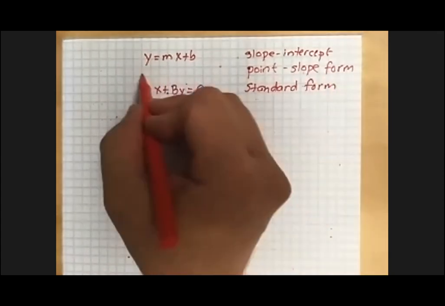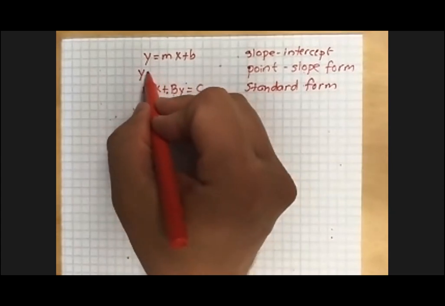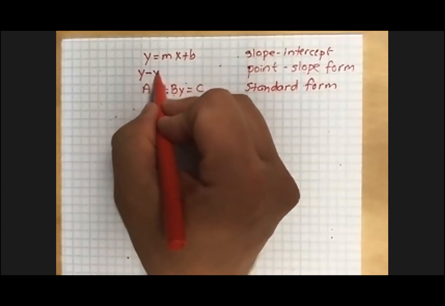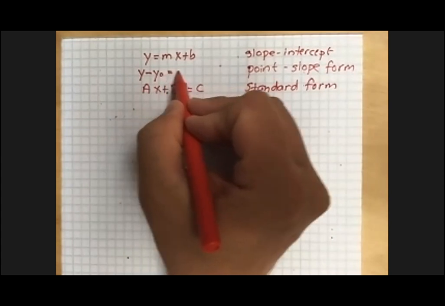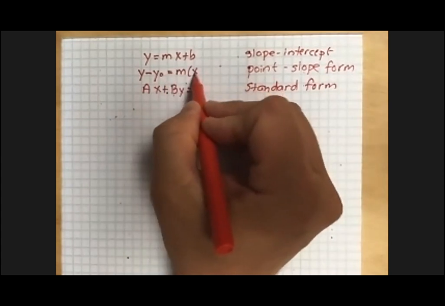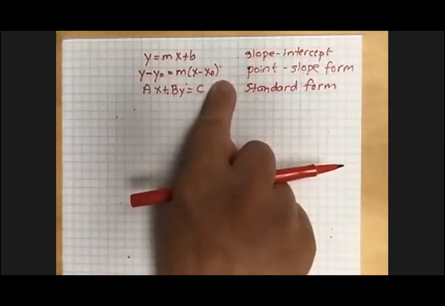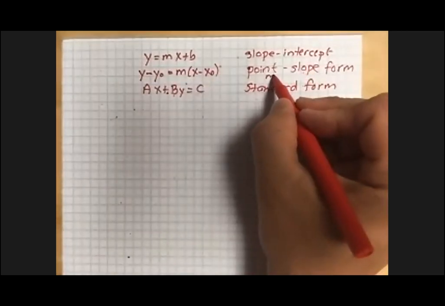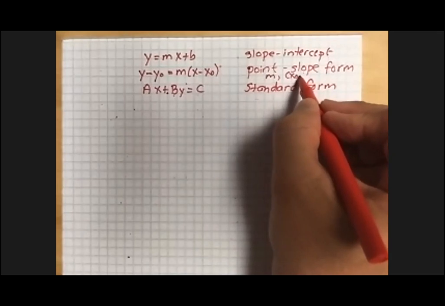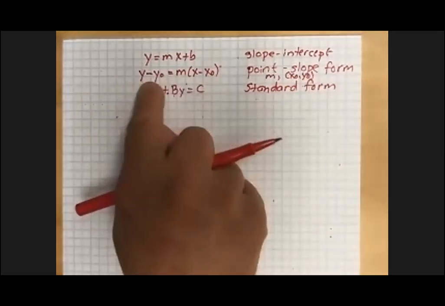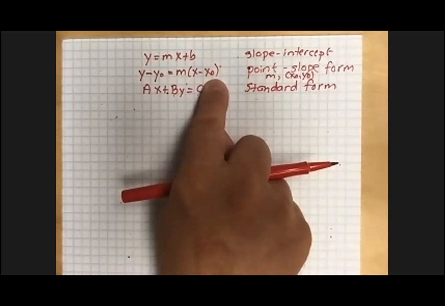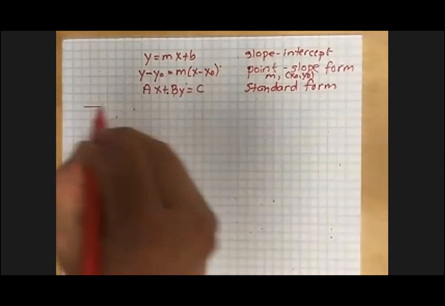But then there's another form that's great for creating line equations. And that's called the point slope form. If you know the slope and you know a point on the line, then this equation will give you the equation of the line.